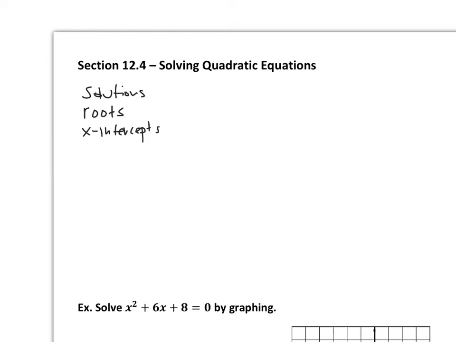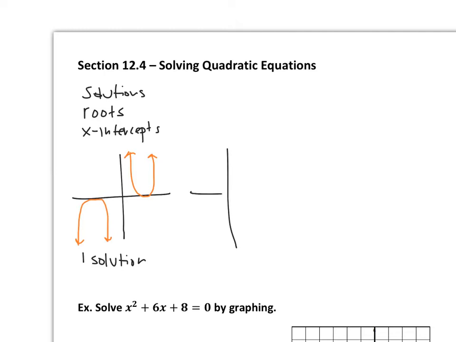All right, so any quadratic, I'm just going to draw an xy axis here, can either have one solution, and this occurs when that quadratic is graphed and the vertex falls right on the x-axis there, okay? So that vertex is right on the x-axis. Could point up, could point down, but that's going to give us one solution.